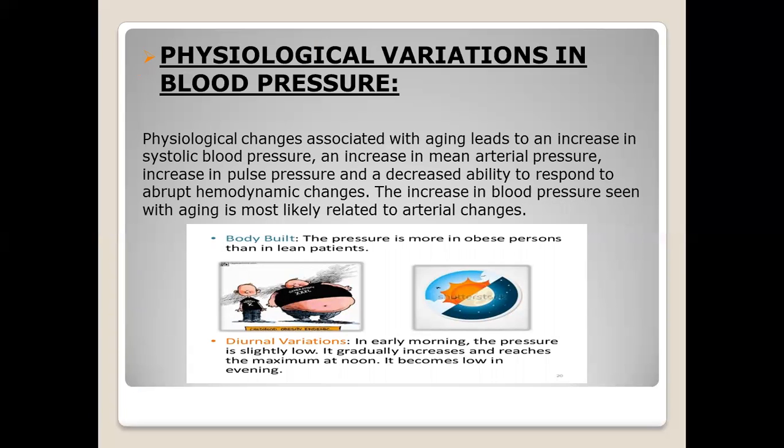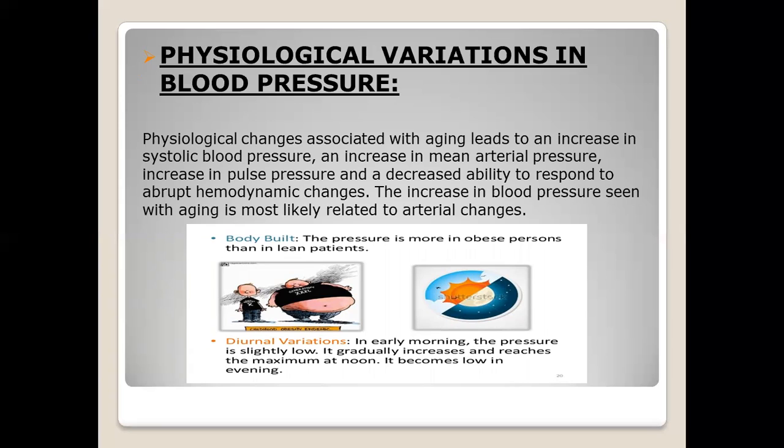Next, physiological variations in the blood pressure. We can see that the blood pressure can vary with age, with your physical state, with your mental state, etc. So the blood pressure can vary from person to person according to their physical state. The age factor is the most important thing.